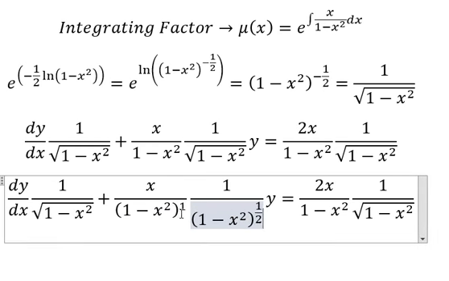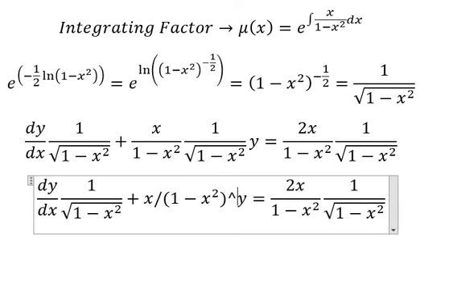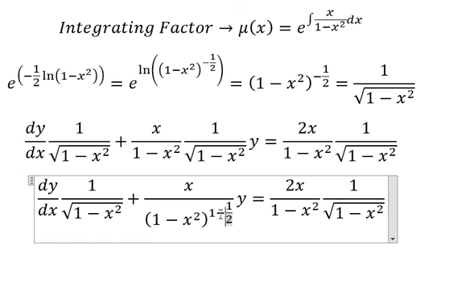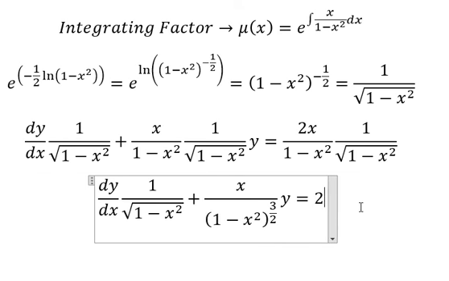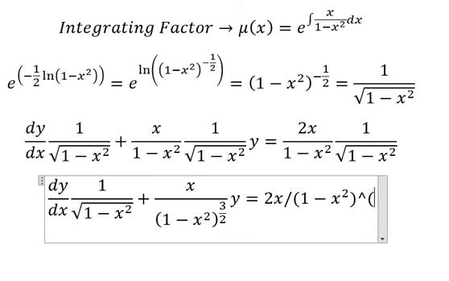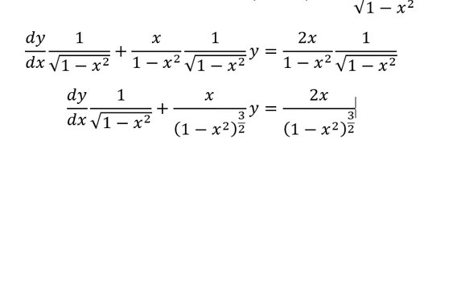If we multiply together, you get s over 1 minus s squared to the power of 1 plus 1 over 2, and this one you get 3 over 2. This one is similar. Now we put the integration on both sides.